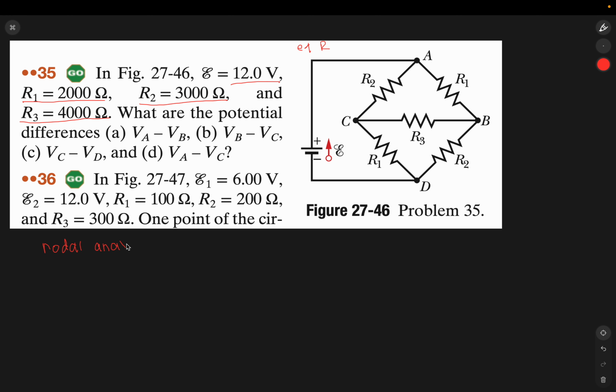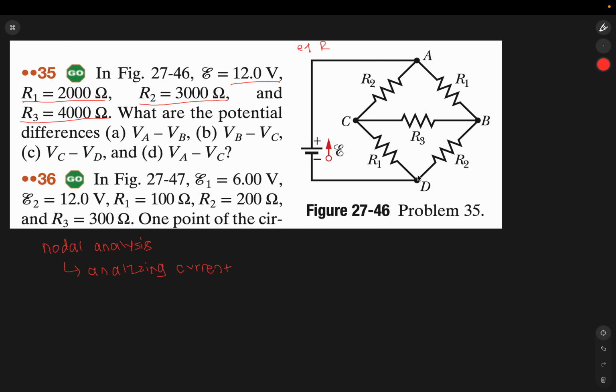Essentially, we're going to be analyzing the current at various junction points. We have A, B, C, and D.